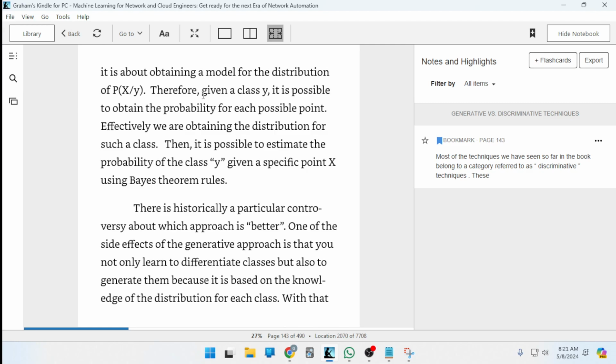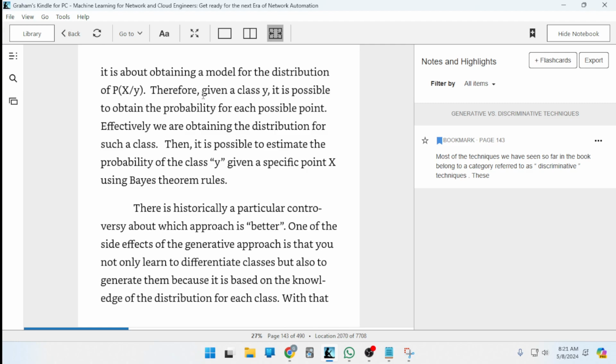It's meant to be a pipe, not a forward slash. Therefore, given a class Y, it is possible to obtain the probability for each possible point. Effectively, we are obtaining the distribution for such a class. Then it is possible to estimate the probability of the class Y given a specific point X using Bayes' theorem rules.